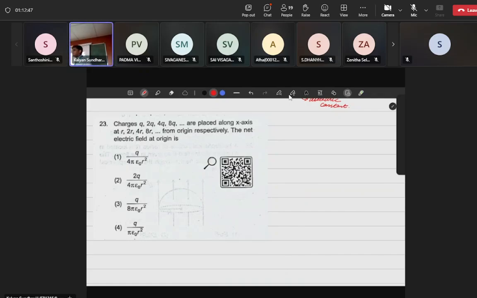Net electric field at the origin. எப்படி கண்டுபிடிக்கணும்? Sum of all the parameters.